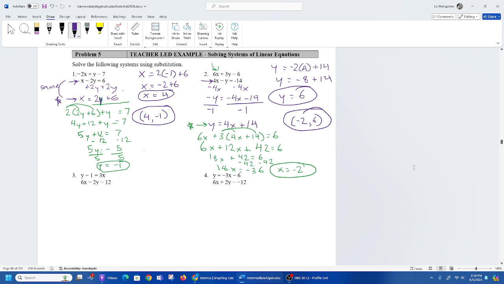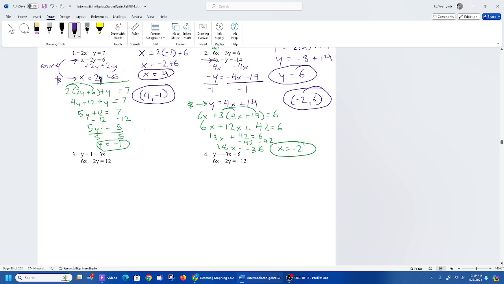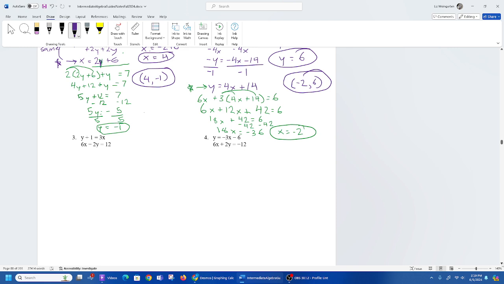Two more to go. Problem 3. I'm going to solve the first one for y because I think that is going to be the easiest thing to do. I just have to subtract 1 from both sides, and I get y equals 3x minus 1.